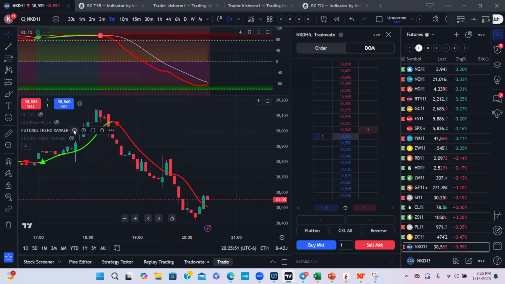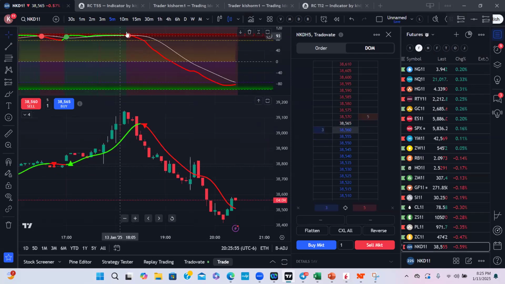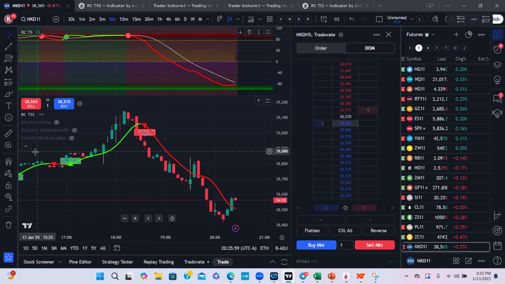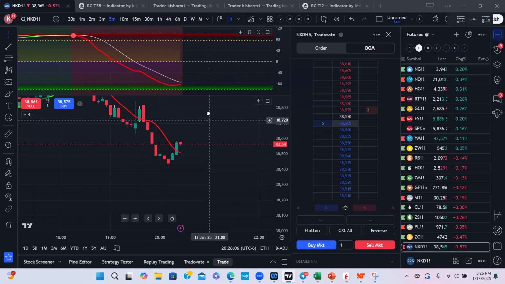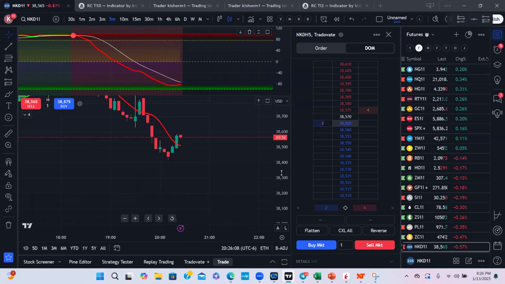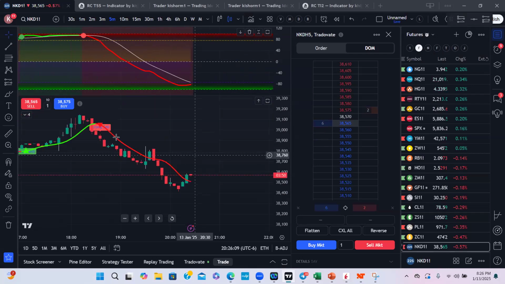Already, right? Today we got a sell signal. It's a huge drop. We got a strong sell. Came all the way to the bottom. The one contract would have given nearly $1,000 plus here.